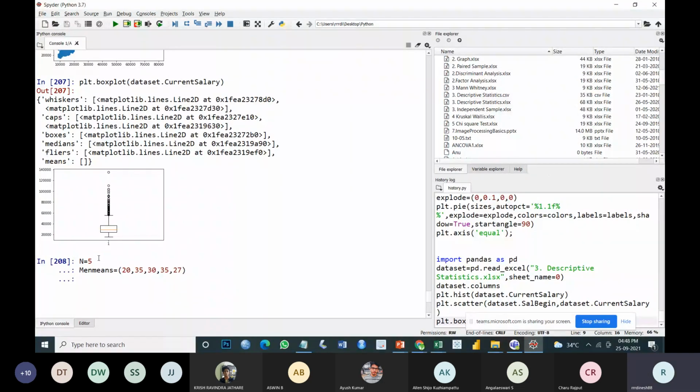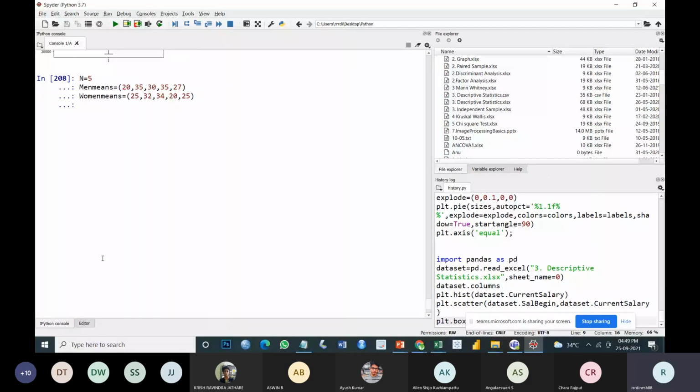Women means equal to 25, 32, 34, 20, 25. So we have men means and women means.